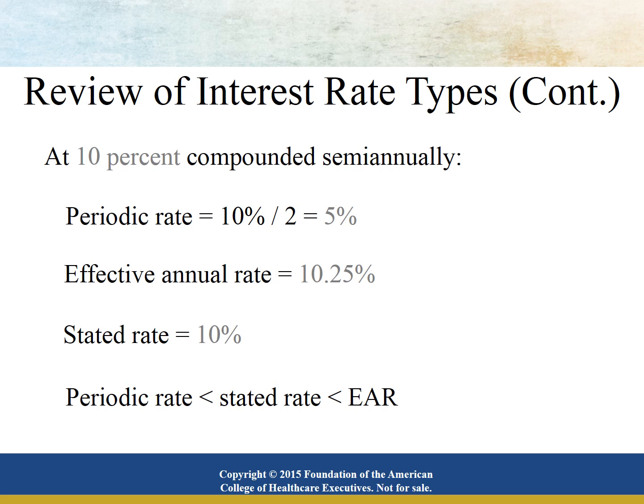So with a 10% stated rate compounded semi-annually, the periodic rate is 5%. The effective annual rate is 10.25. The stated rate is 10. But the EAR is 10.25 because we're compounding our interest.